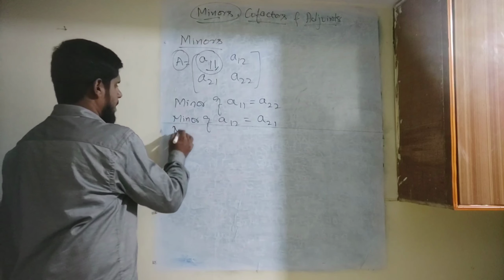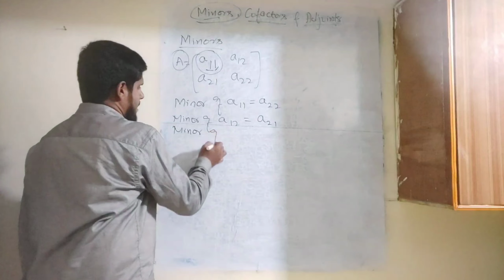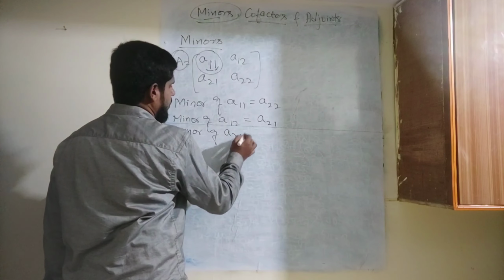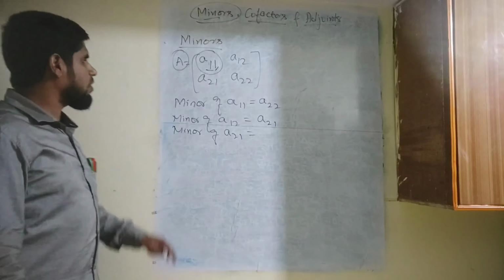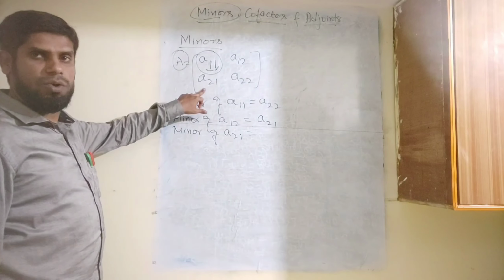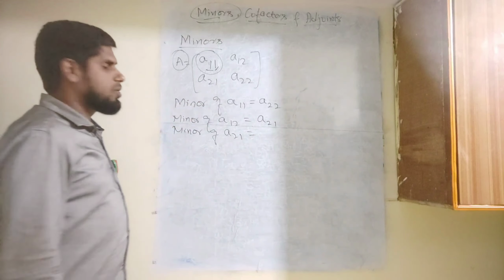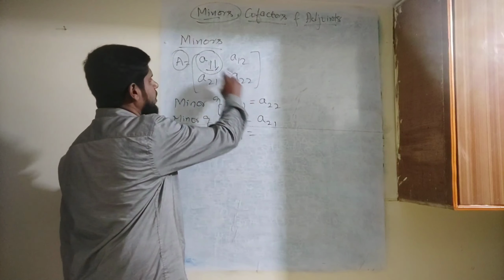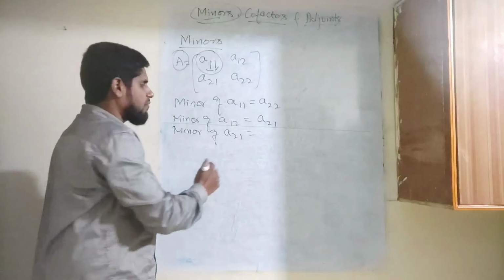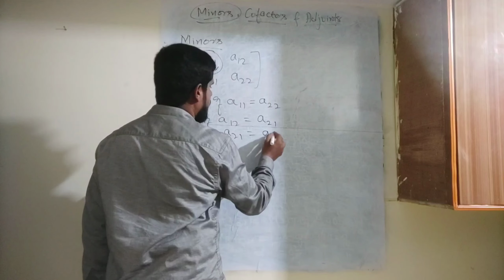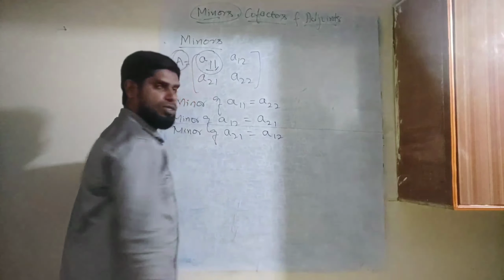Next, minor of A21. Here A21 means it is the second row, first column. So for this, I should eliminate second row and first column. So the left out element is A12.